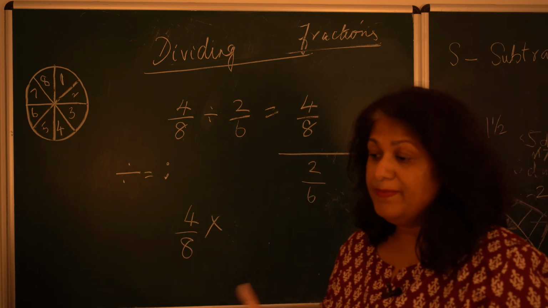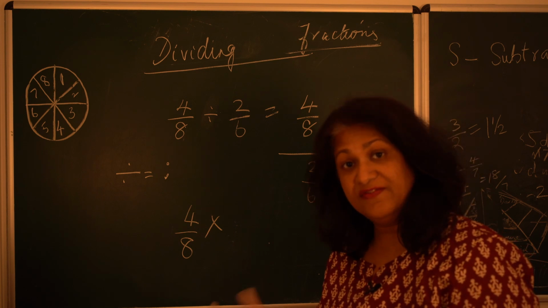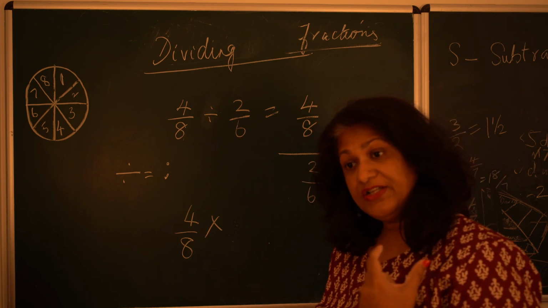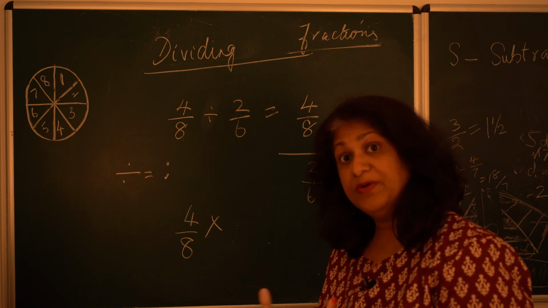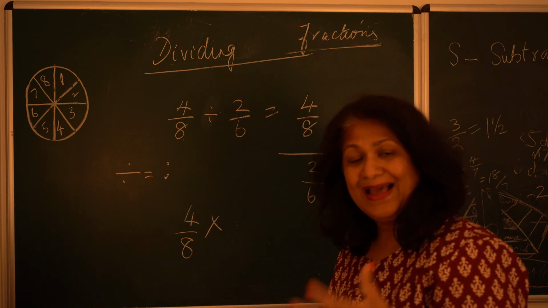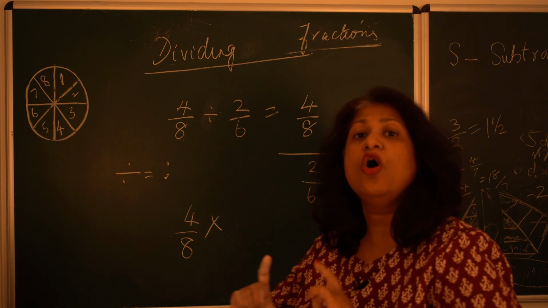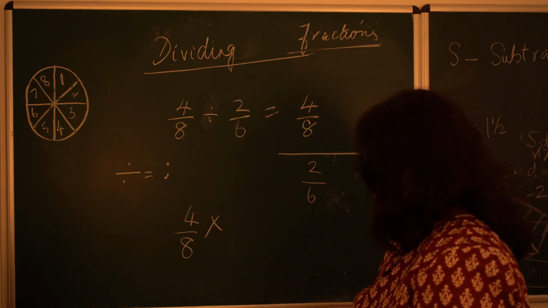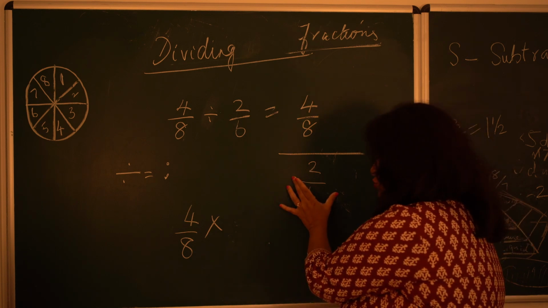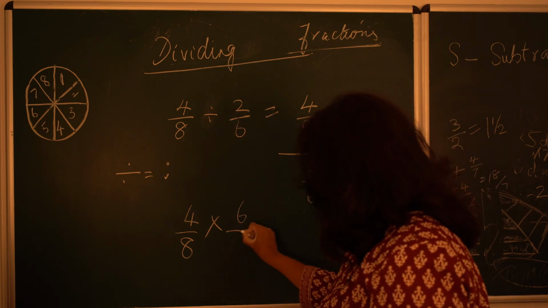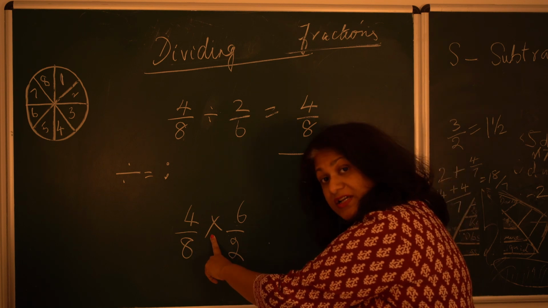Because the opposite operation of division is multiplication. Multiplication and division are the opposites, like North Pole and South Pole. Likewise, addition and subtraction are the opposites of each other. So 4 by 8 into, do I write it as 2 by 6? Absolutely not. I will write it as 6 by 2, the opposite of division here.